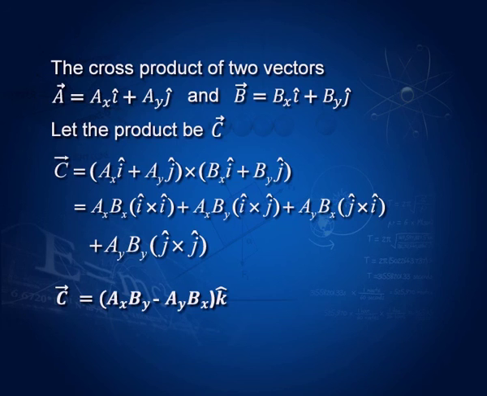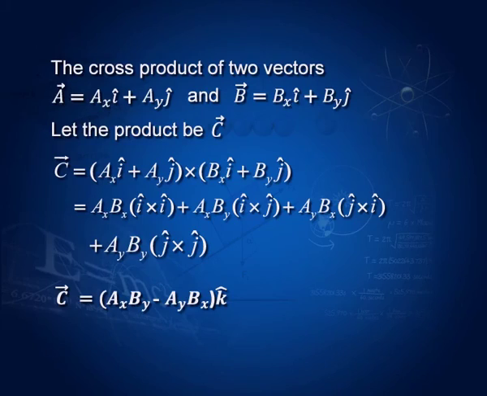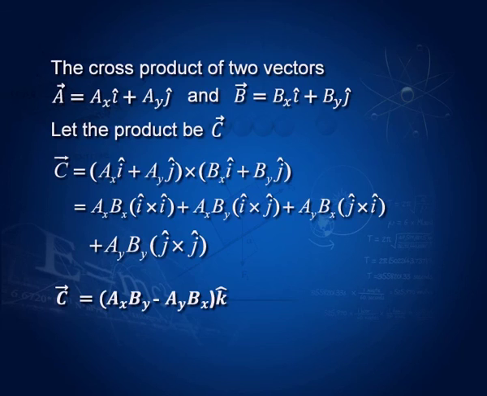Why k cap? Because we know that vectors a and b are in the x y plane. Therefore, the cross product has to be in the z direction. Therefore, vector C is a x b y minus a y b x times k cap, where a x is the x component of a, b y is the y component of b, a y is the y component of a, and b x is the x component of b.